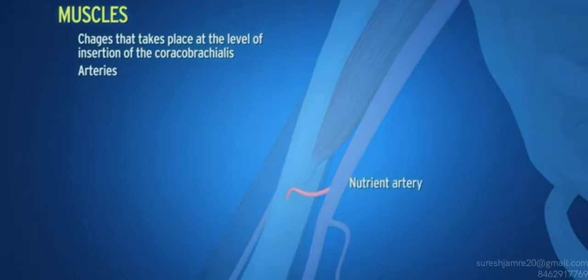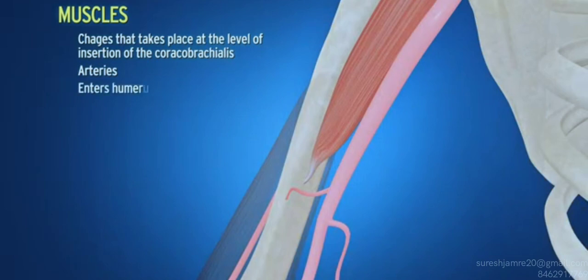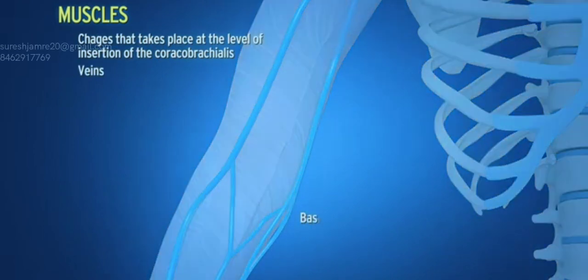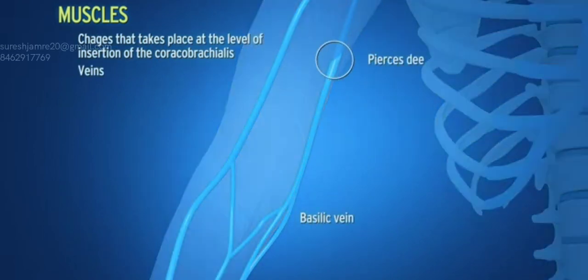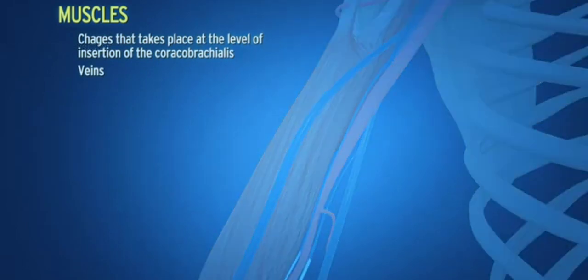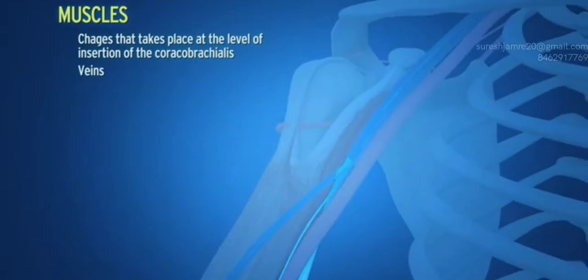Nutrient artery enters humerus at this level. Veins. Basilic vein pierces deep fascia. Venae comitantes of brachial artery unite with basilic vein to form axillary vein.